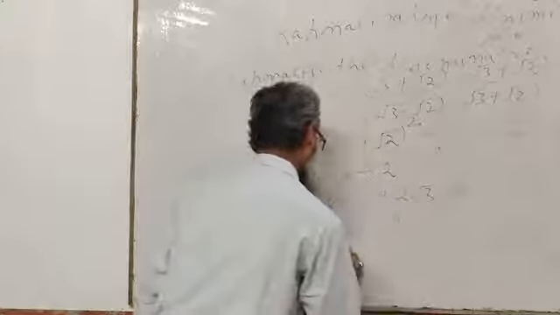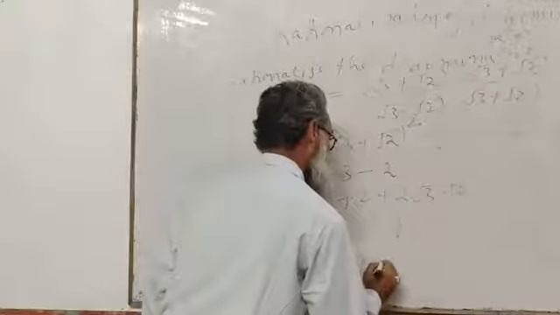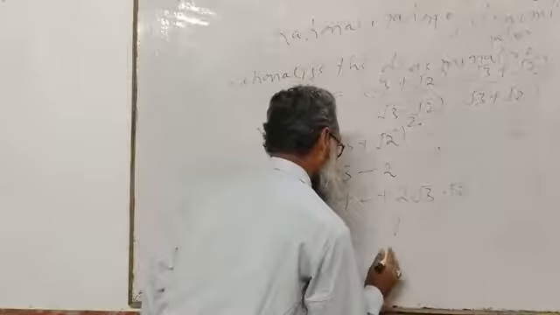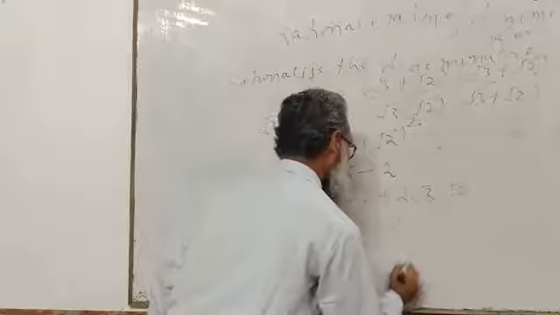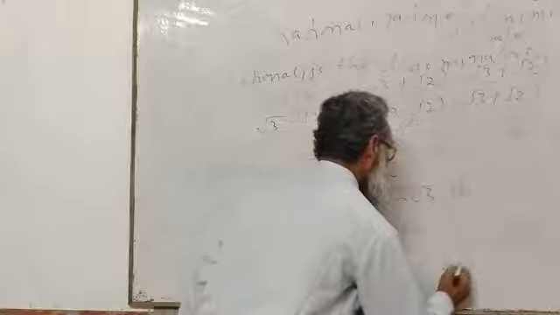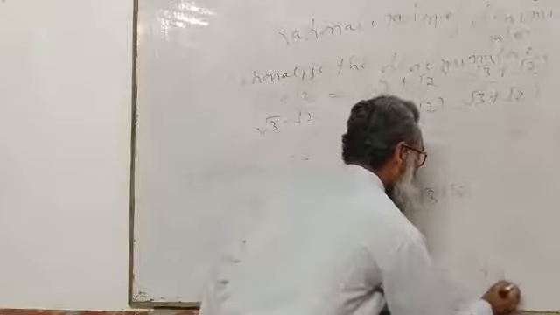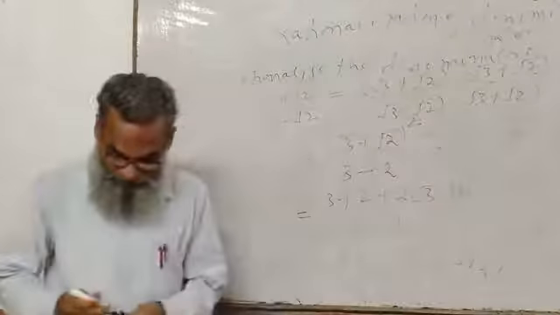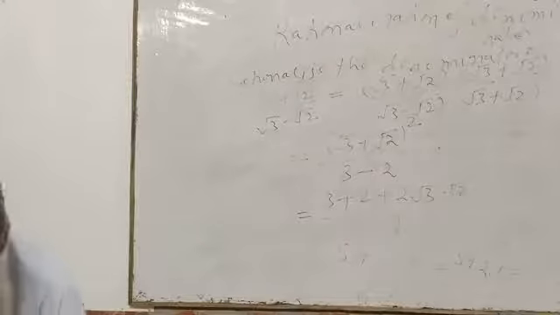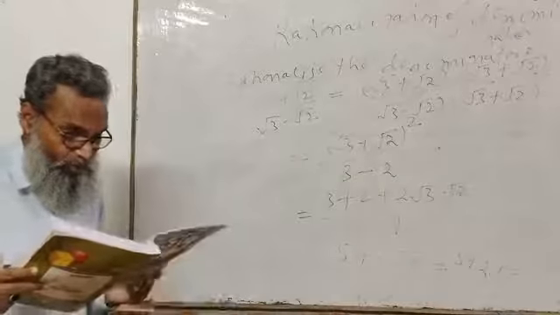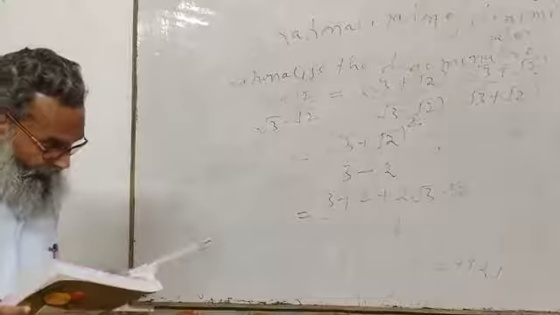So you got 5 plus 2 root 6 upon 1, that is 5 plus 2 root 6, right?